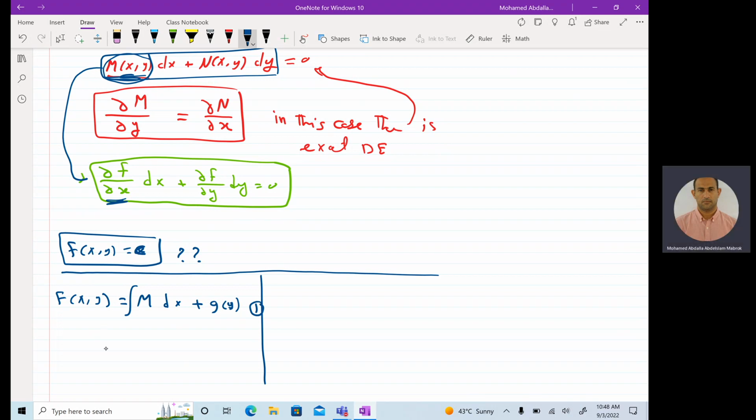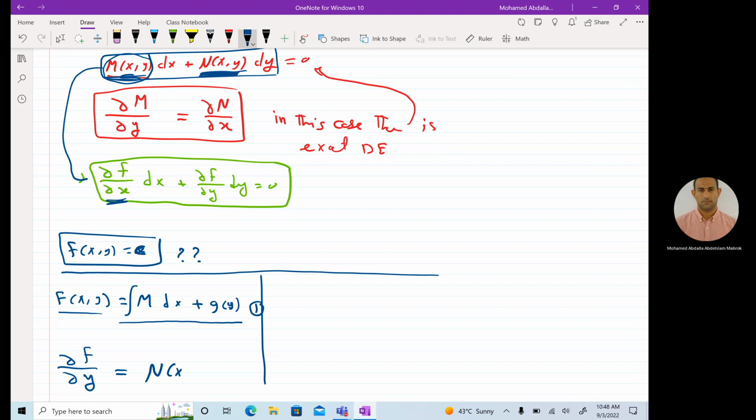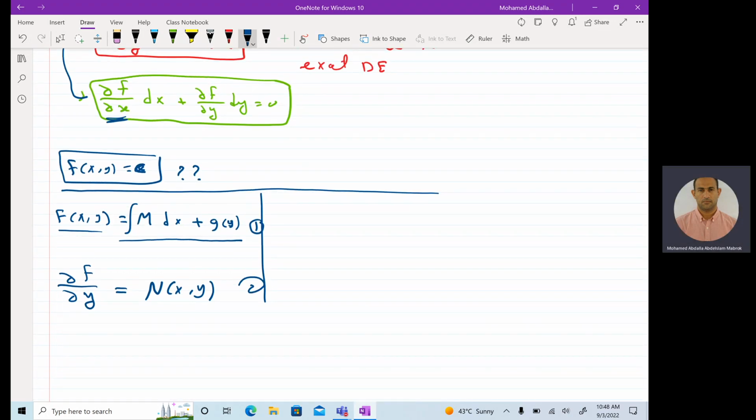Step number 2: whatever we got here, we take the partial f per partial y, and we make it equal N. This equation will give us information about g dash of y.